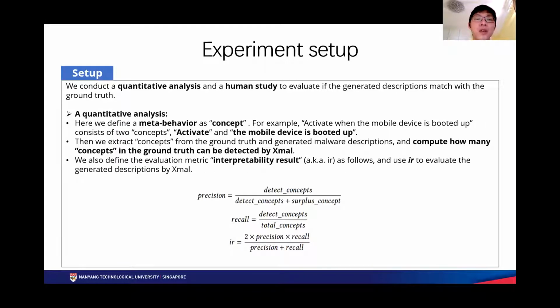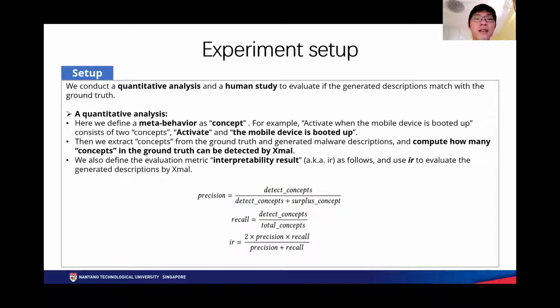However, the ground truth and the malware descriptions generated by XML are unstructured text, and the evaluation may be biased by our subjective opinions. Therefore, we design a quantitative analysis and a human study to evaluate if the generated descriptions match the ground truth.